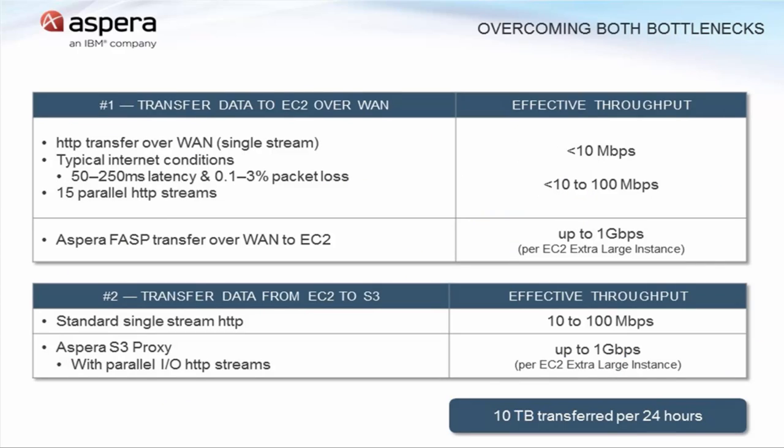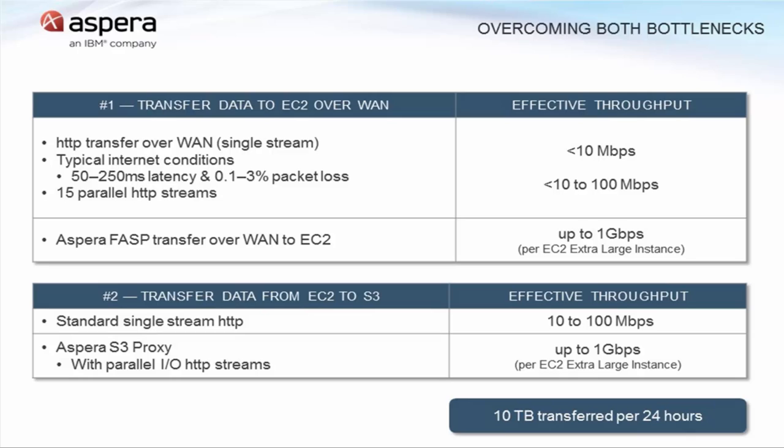That essentially means, if you take a look on the left, transfer 1, you've got throughput on the top of less than 10 megabits per second. And then with parallel streams, you've got less than 10 to 100 megabits per second. When you're using Aspera Fast, it's a gigabit per second. There's a massive increase in throughput that we have available to you.